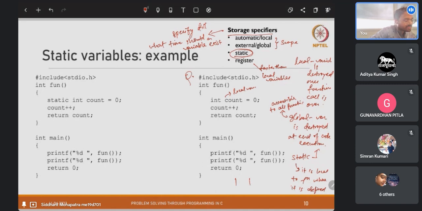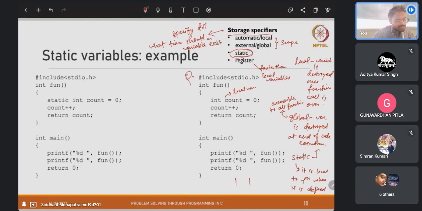After the first function call fun is over, the variable count is destroyed. The next time you call fun, again a new local variable named count is created, initialized to 0, increased by 1, and that value is returned to the calling function. So again you get a value of 1.